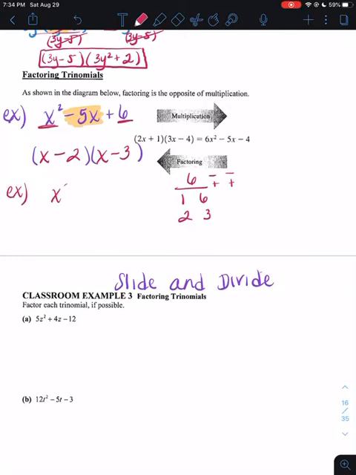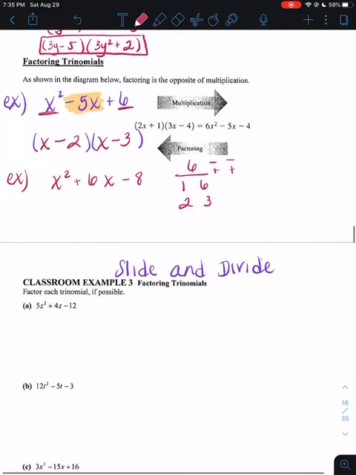Let's see, x squared minus 8 plus 6x. Actually, all right, let's make this... This should work.